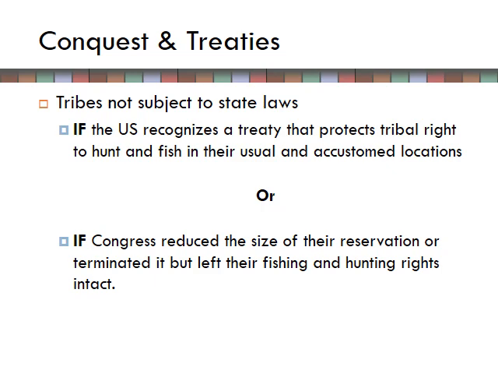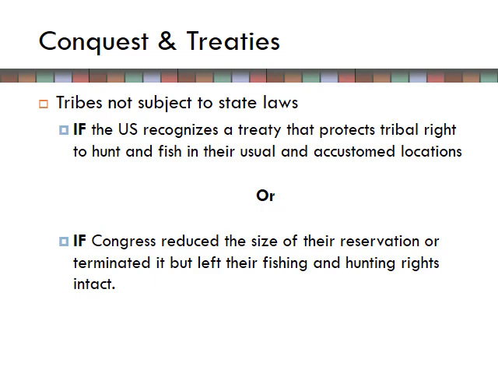There are two instances when tribal members can hunt and fish off-reservation and not be held responsible to state hunting and fishing laws. These occur if tribal members are hunting and fishing on ceded lands. So ceded lands are lands that Indians gave up ownership to the U.S. in exchange for treaty rights.